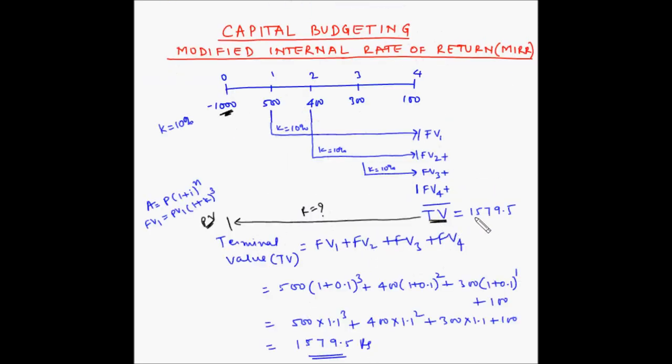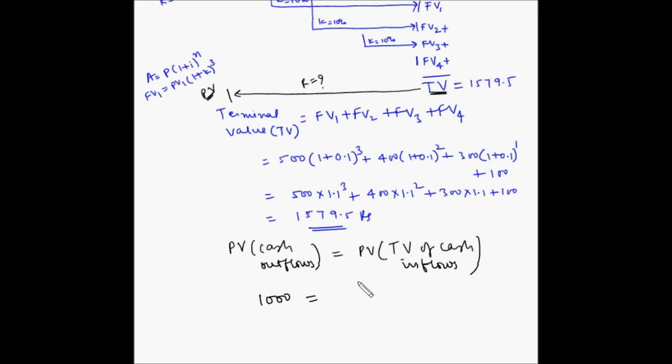The future value is 1579.5 and we have to find the present value. So present value is equal to future value divided by (1 plus I) to the power n. Future value in this case is 1579.5, divided by (1 plus R) to the power n, where I is nothing but R, the rate of return, and n is 4 in this case.